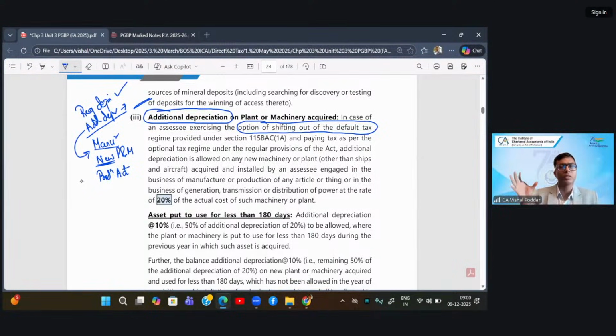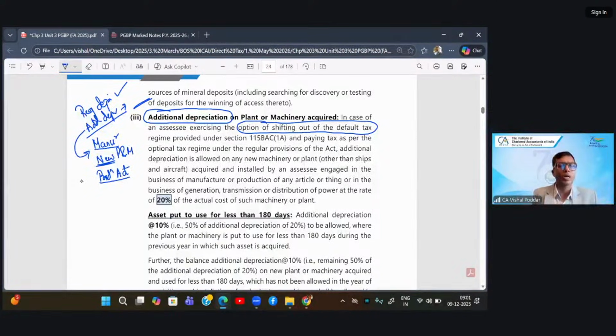So for maintaining the temperature, you require cooling plants, or you have installed some high power coolers or ACs. Those ACs are eligible for additional depreciation. Similarly, where your production is automated using computers and software, that computer and software is also eligible for additional. So that is the other point.